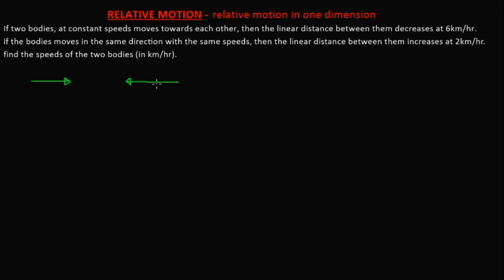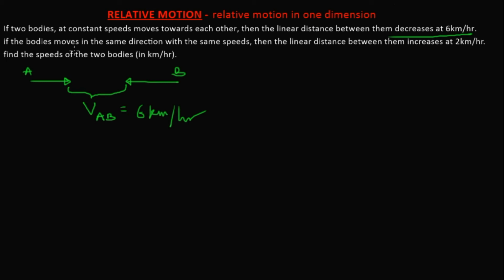They are moving towards each other, and the separation between them decreases at a particular velocity. Let's say this is body A and this is body B. In this case, body B is moving in the opposite direction, so we can say that the relative velocity between them is 6 kilometers per hour as given.